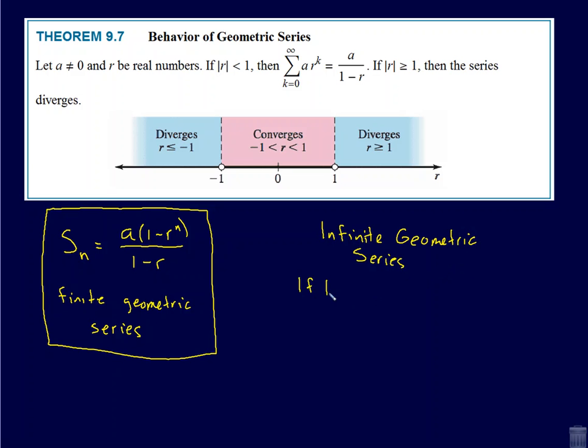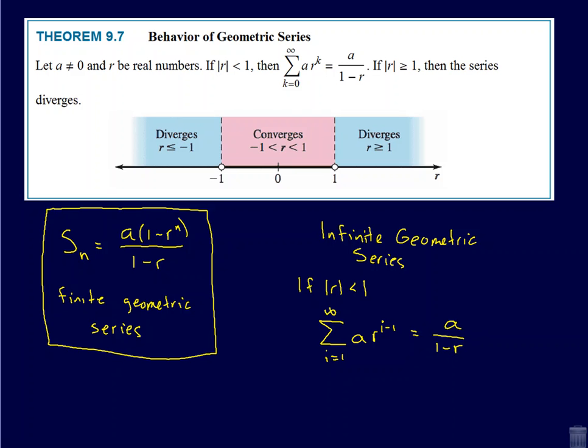So if the absolute value of r is less than 1, you can add forever, and the series will converge to exactly a, which was the first term in the series, divided by 1 minus the ratio.